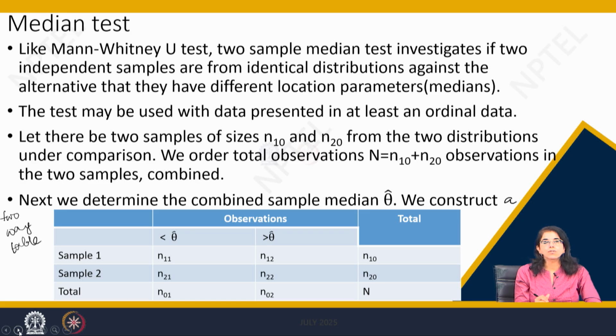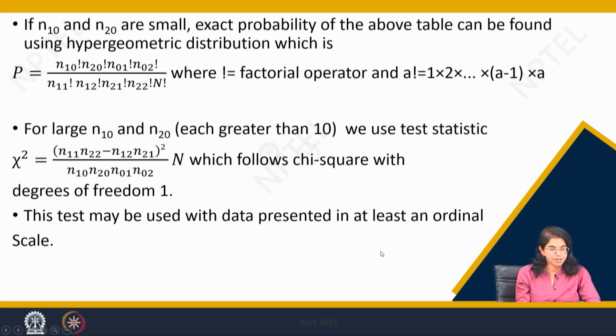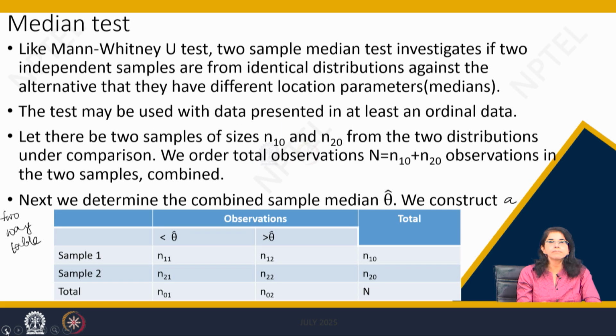For sample 1, the count less than theta hat is n11 and the count greater than theta hat is n12, with total n10. For sample 2, the count less than the combined sample median is n21, and n22 can be figured out similarly.